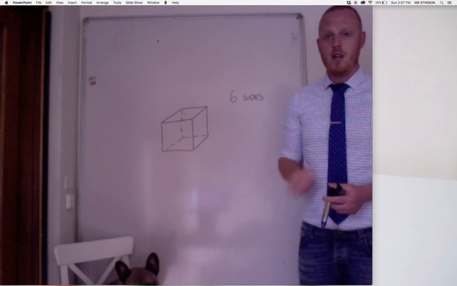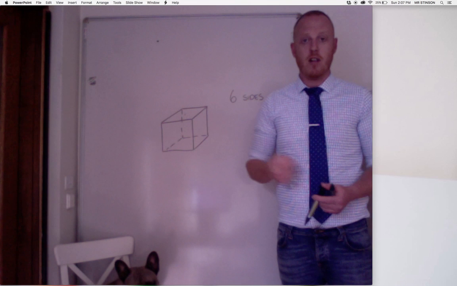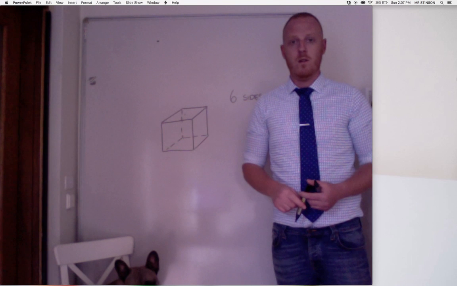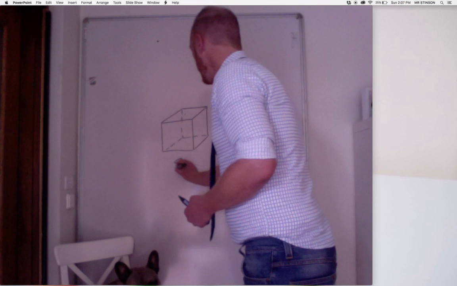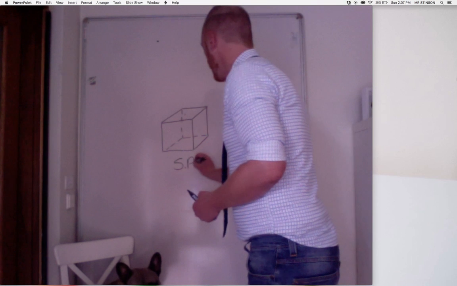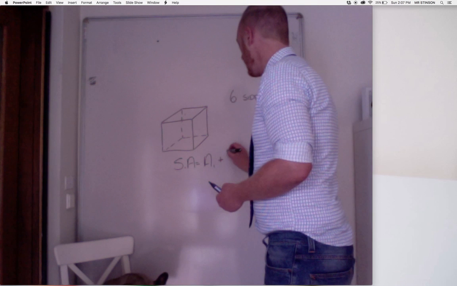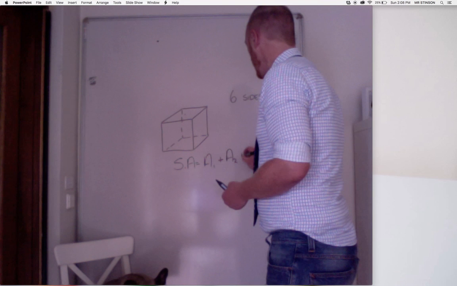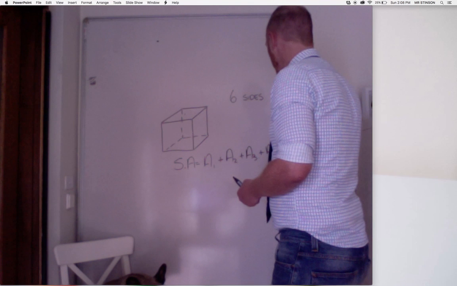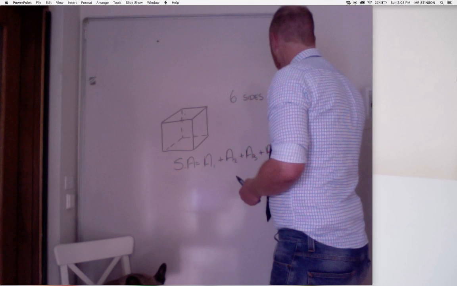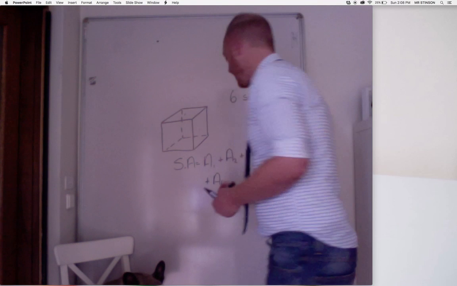To find the surface area of this cube, we would need to add the area of each of these 6 sides. So, our formula would look something like this. SA equals area 1 plus area 2 plus area 3 plus area 4 plus area 5 plus area 6.